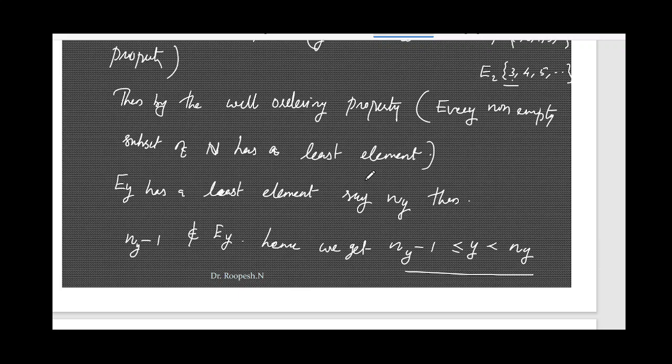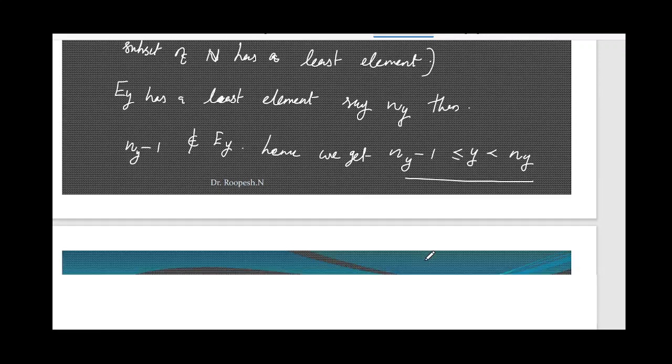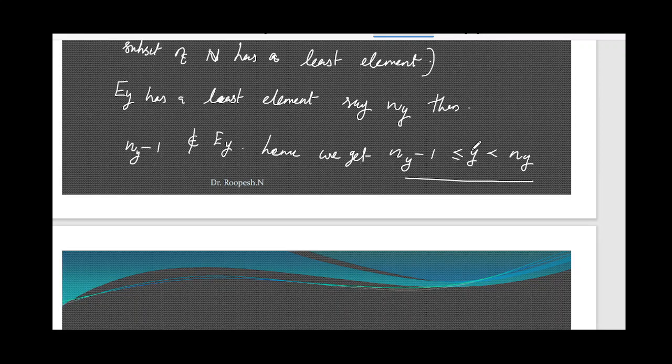Now if I am taking n_y minus 1, it is not an element of E_y. So by the definition of E_y, if an element is not a member, this member should be less than or equal to y. So n_y minus 1 is less than or equal to y. Already n_y belongs to E_y, so y should always be less than n_y. Hence the corollary.